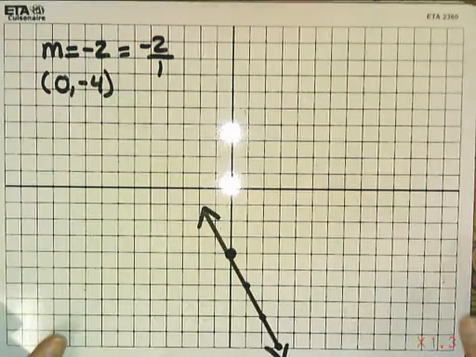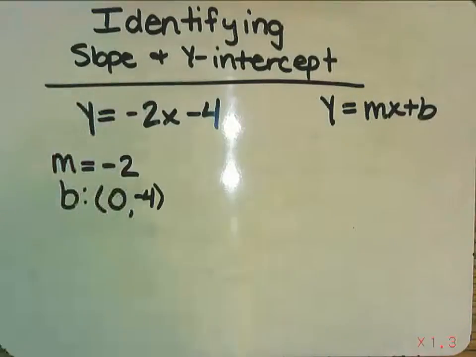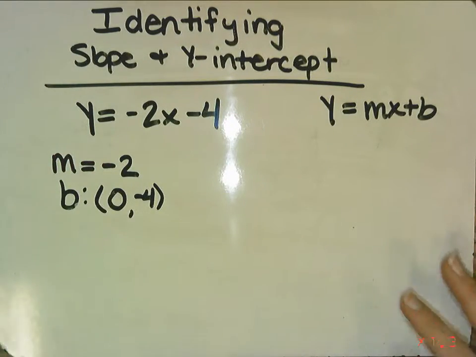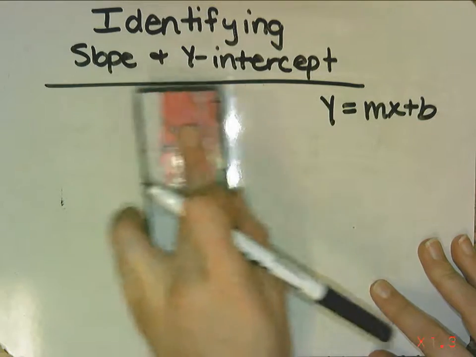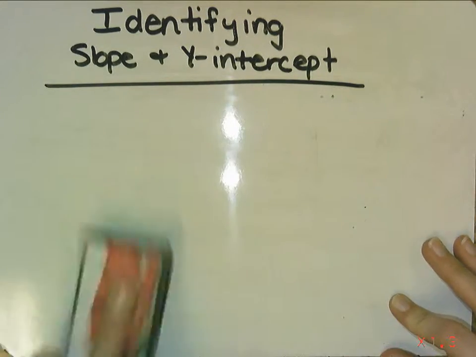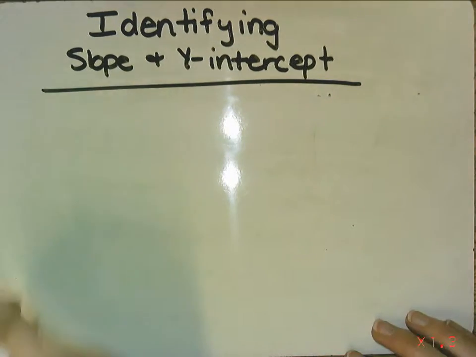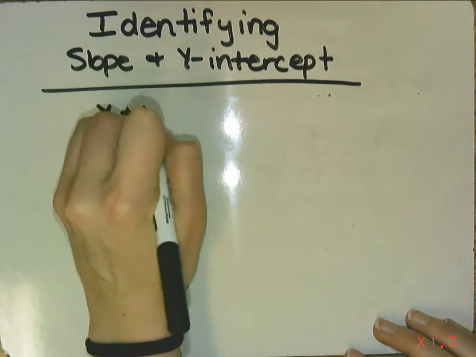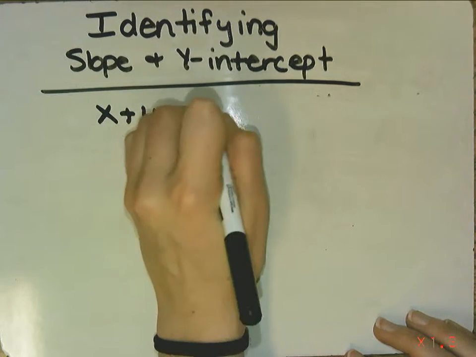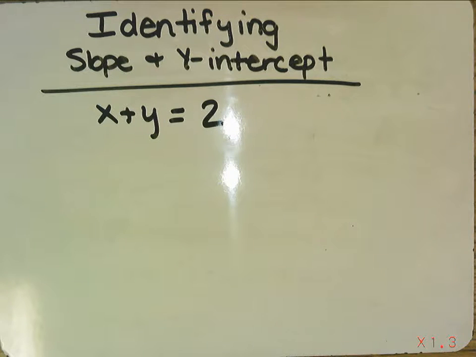Let's do another one where the equation that you're given is maybe not given to you in slope-intercept form. So maybe I have x plus y equals 2. So this equation is not given to me in slope-intercept form.